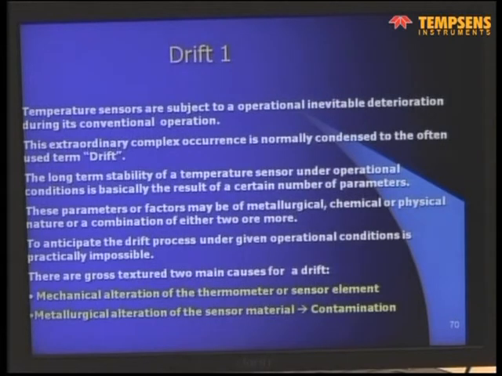The parameters influencing the drift are different for thermocouples and RTDs, but temperature, time and the changing rate of the temperature are the main factors. And for thermocouples, even at higher temperatures, there is contamination because of the process atmosphere.